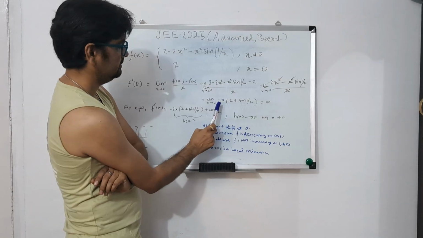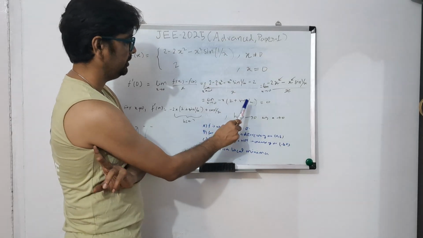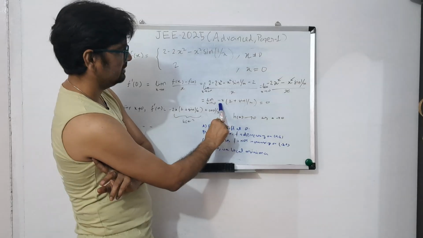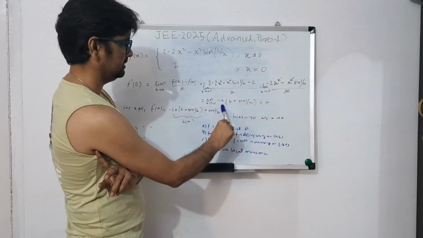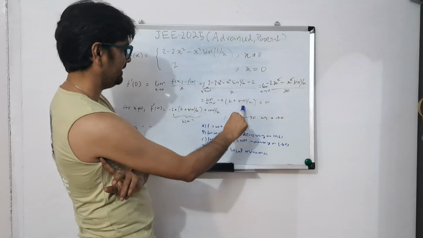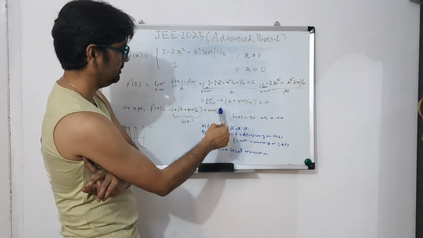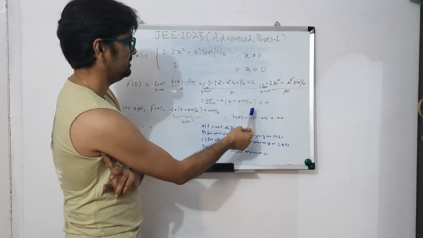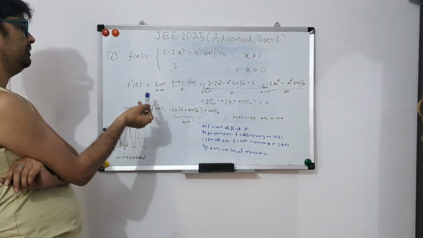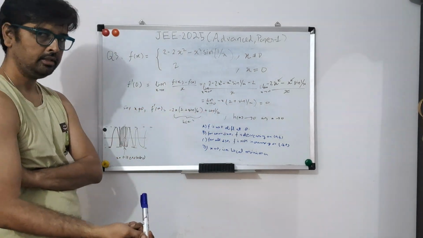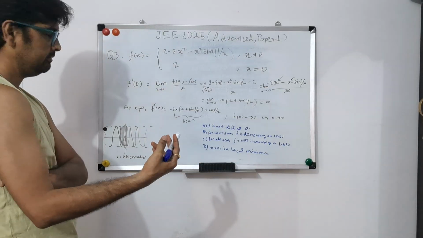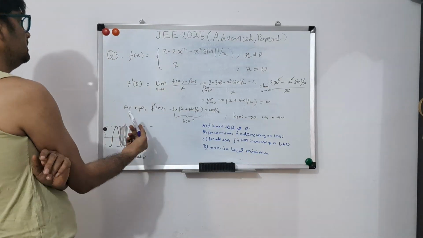The x here can go to 0. So this product of these two expressions can go to 0 because this stays finite and this x goes to 0. The limit of the whole expression is 0. So we get that the derivative of f at 0 is 0. Now let's calculate the derivative of f for x not equal to 0.